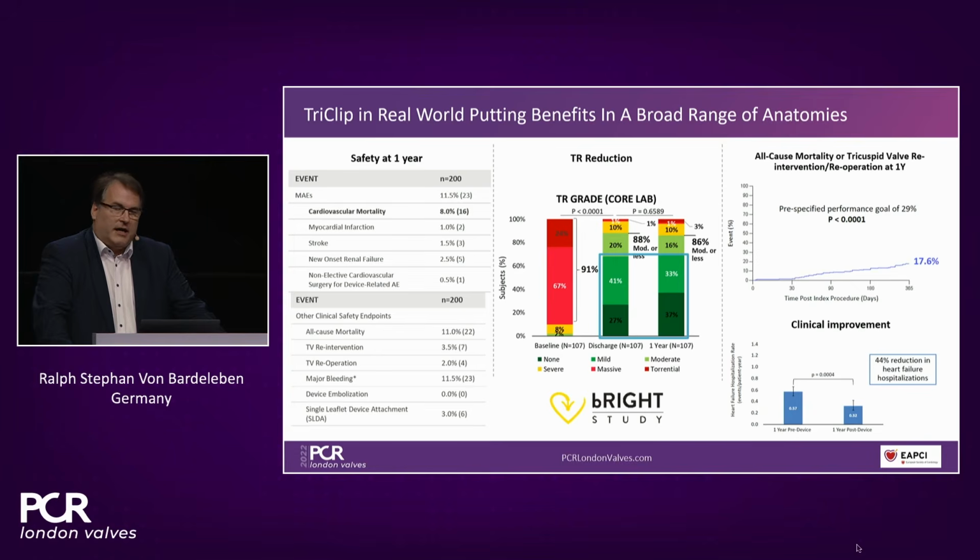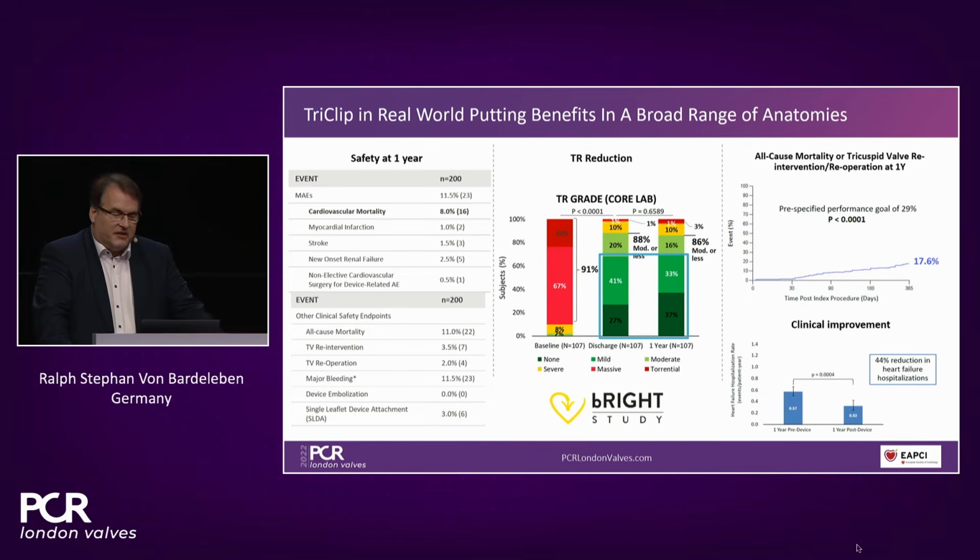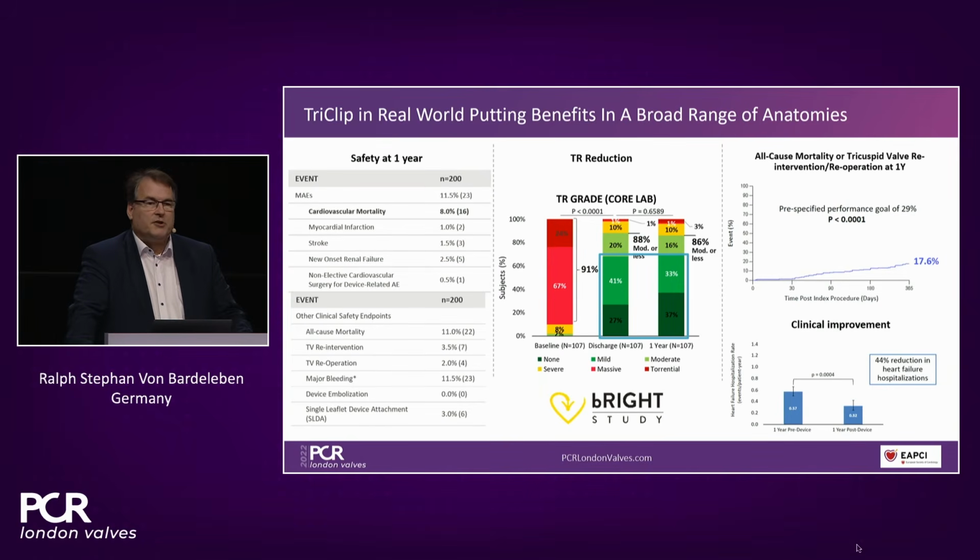The second thing I would like to highlight is that we see a much higher efficacy now with the 4th generation of devices and already with the 3rd generation of devices in TriClip, that goes to a very high number of 0 and mild regurgitation that we've also seen in the live case. And the all-cause mortality over the time course of 1 year is also exceptionally low.